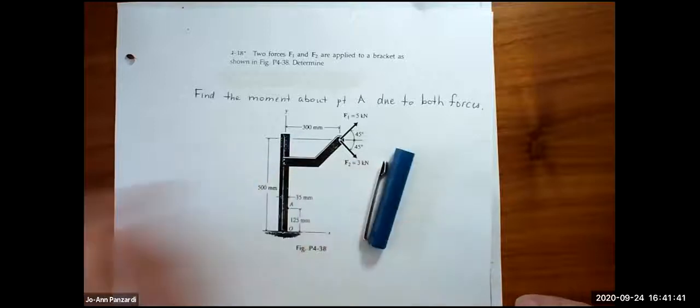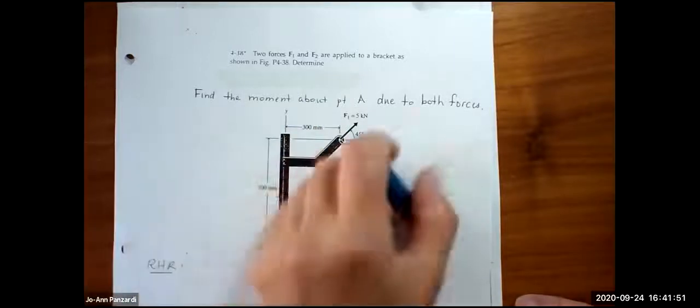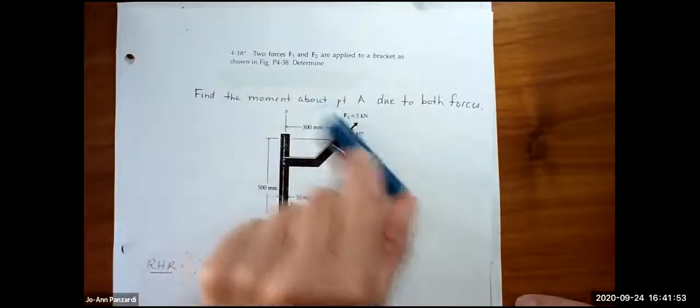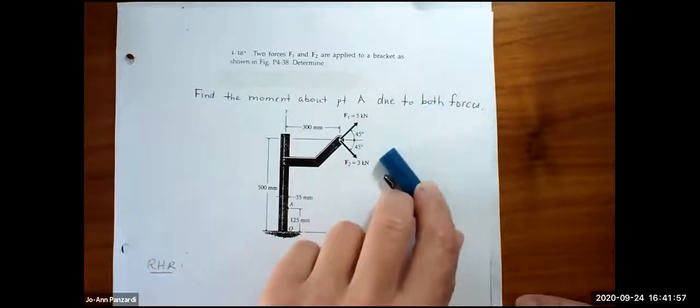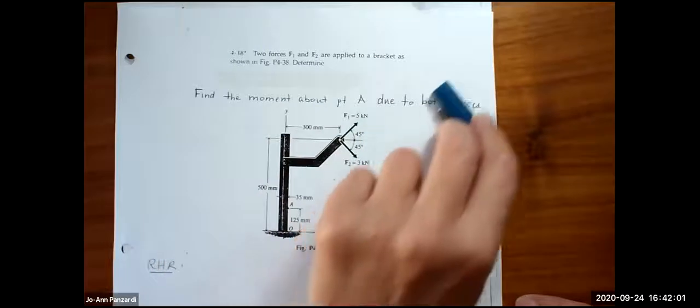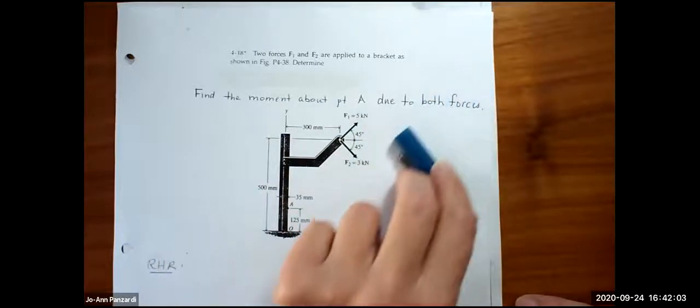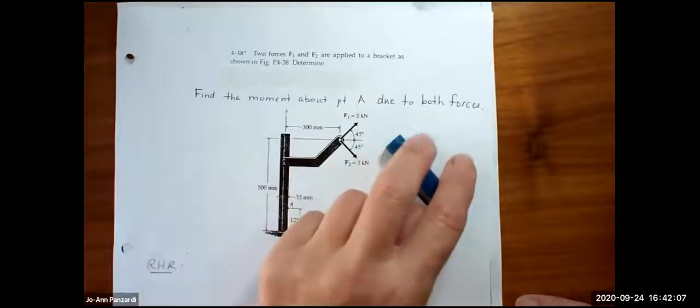Rotational motion. So it's rotating. When we had all our forces acting at a certain point and we were looking at a particle, we were only having translational motion. Now we're calculating moments about points.